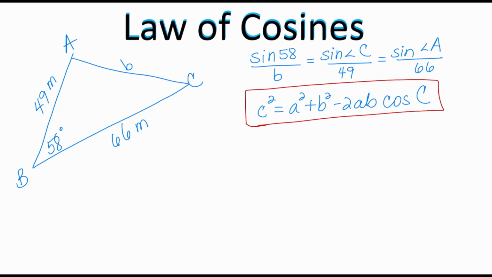So in this particular case, notice that lowercase c squared is equal to, and in this case we have capital C. So those always have to match, the side with its opposite angle.